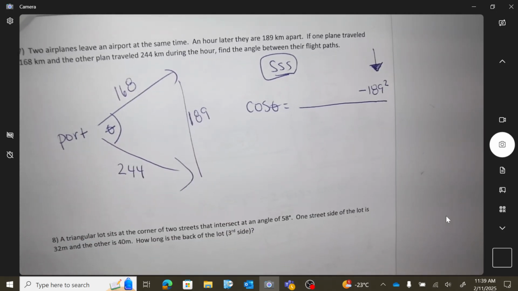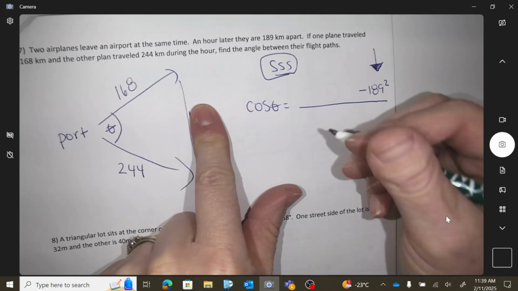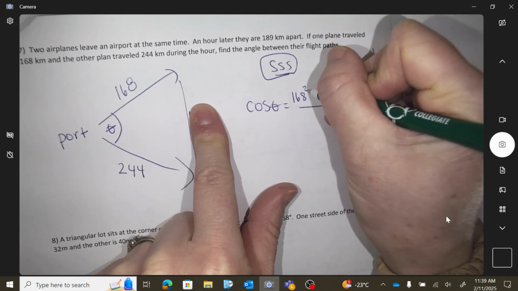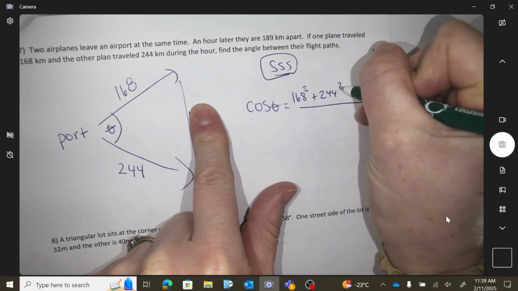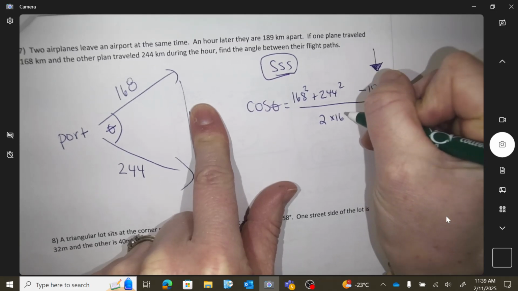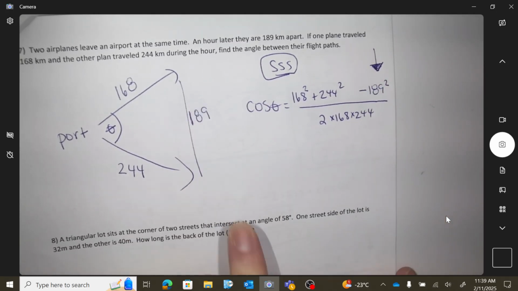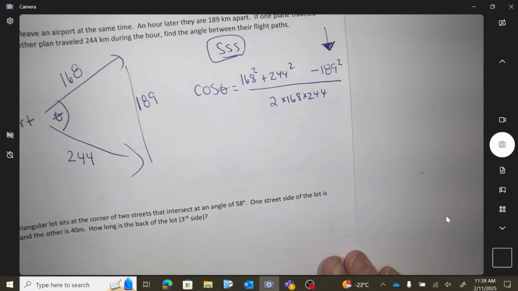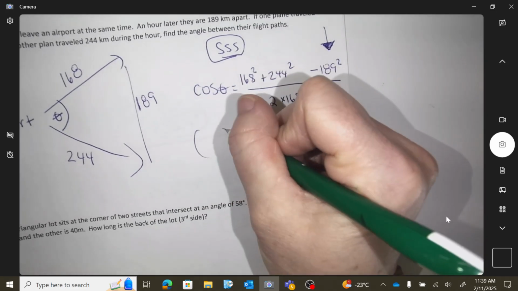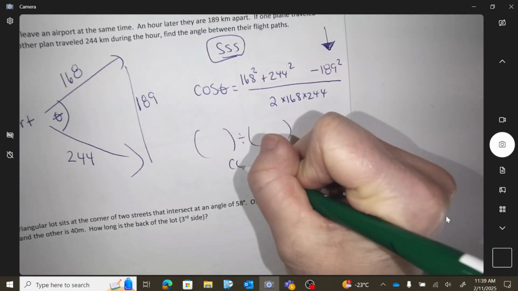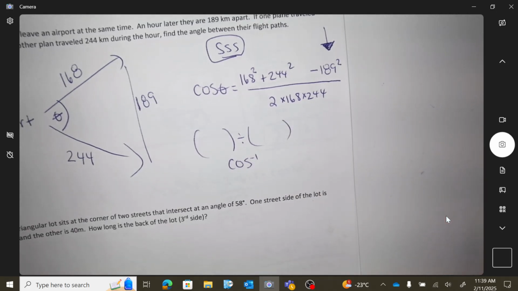Across. Okay, 189 is now done. So the rest are going to be the 168 and the 244. Calculator wise, you're doing brackets top, divide by brackets bottom, cos inverse, right?